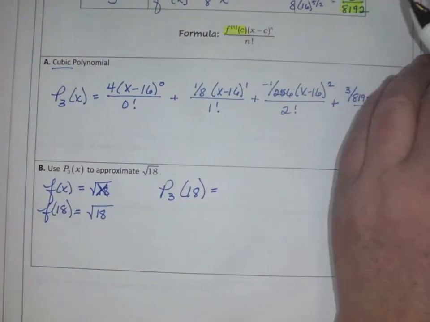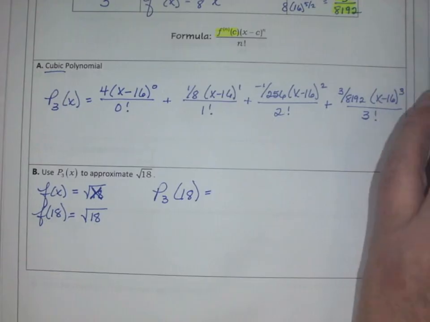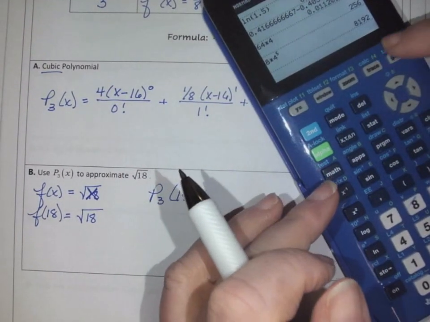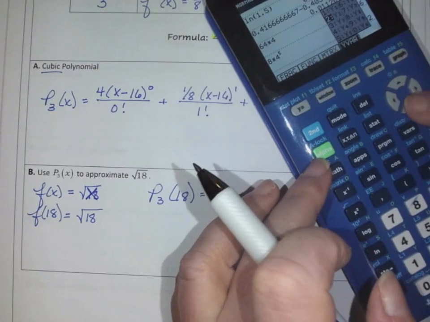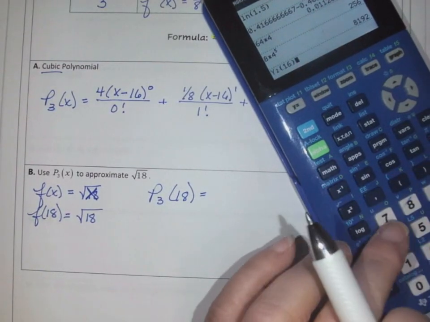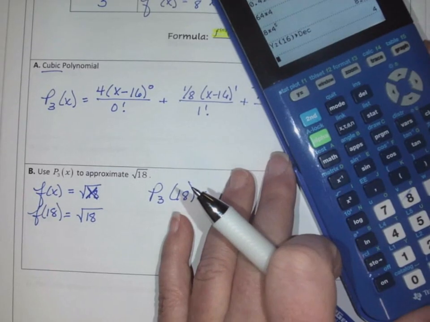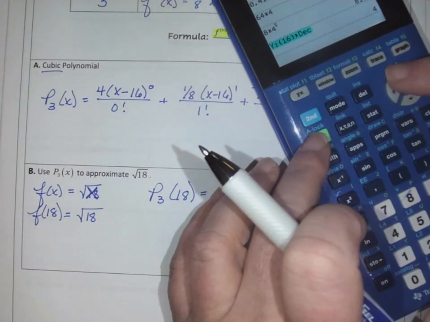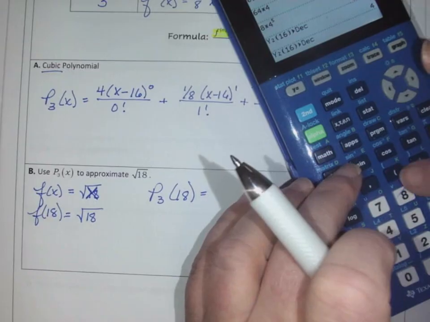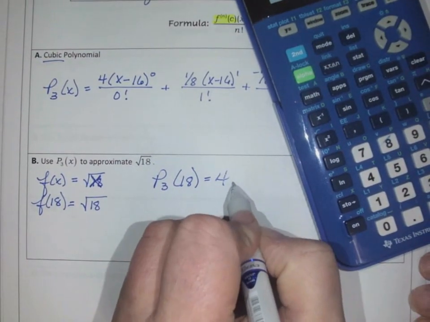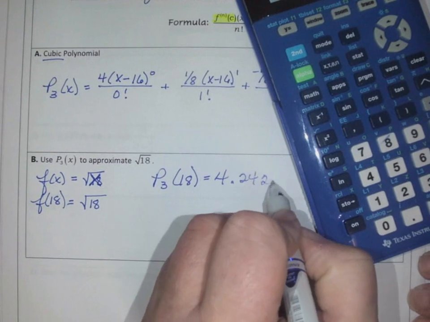Let me go to home screen and do alpha trace y2 of 16, and let me math decimal, not at 16, just kidding. Let's try that again at 18. There we go. 4.2426.